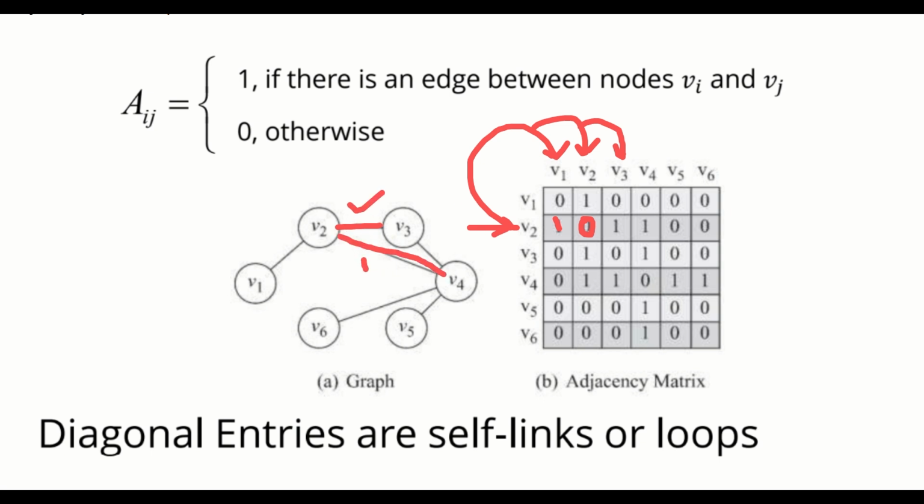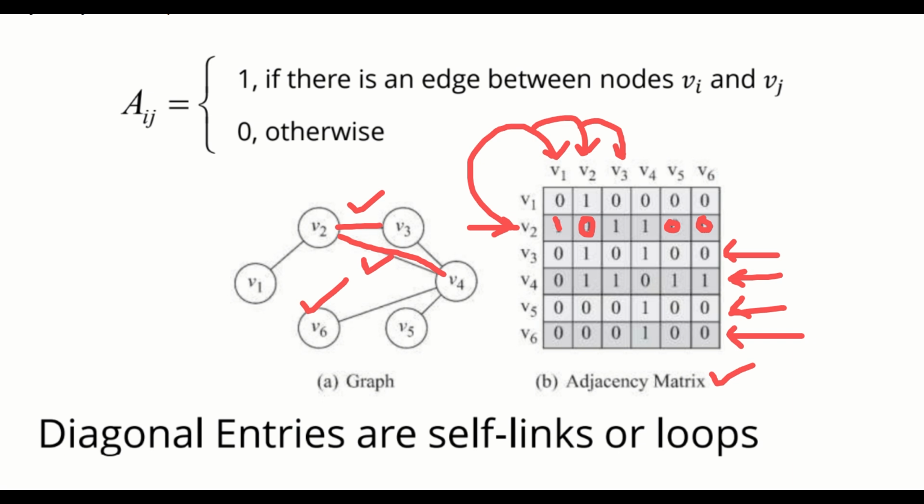There is a connection, you put a 1. Next, V2 to V5. There is no connection, so you put 0, and the same way you put 0 for V6. Like that you keep on continuing for all the vertices. That gives you the adjacency matrix. We have already discussed this in our class.